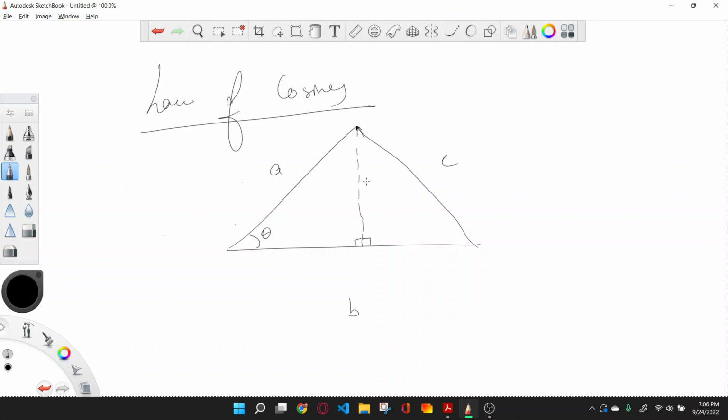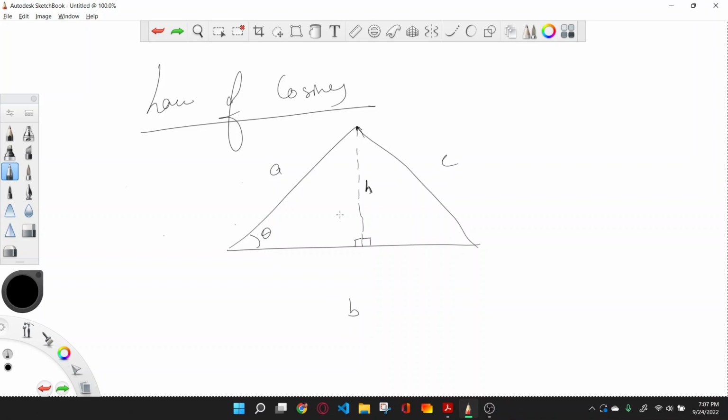Let's call this height H. First we're going to express side lengths A and C in terms of H, and then we're going to get rid of H and just express C in terms of A and B. So that's basically the plan.